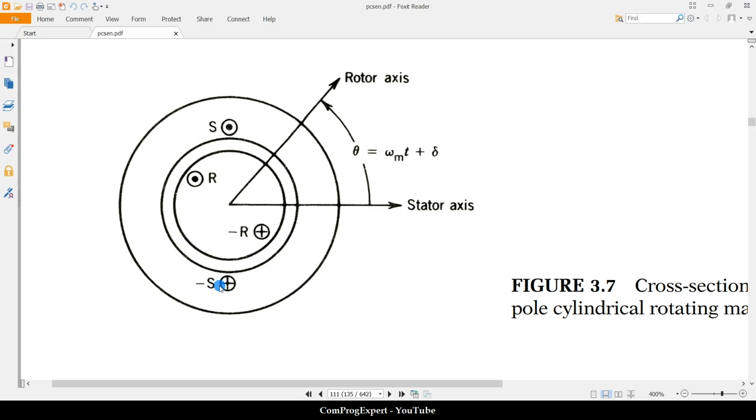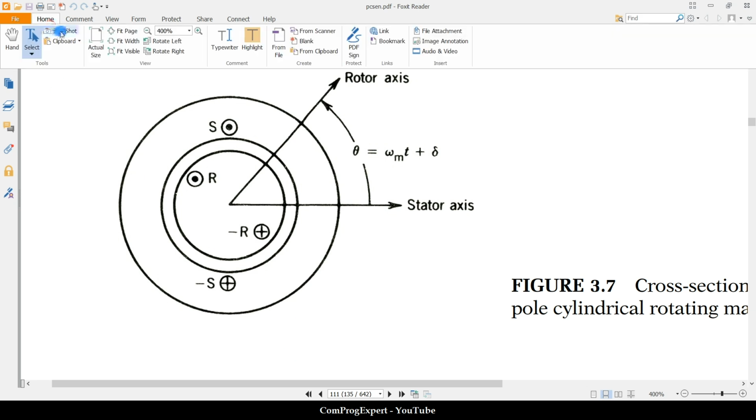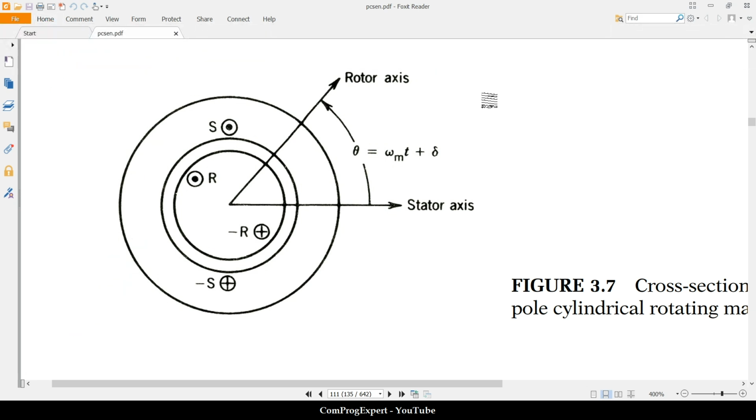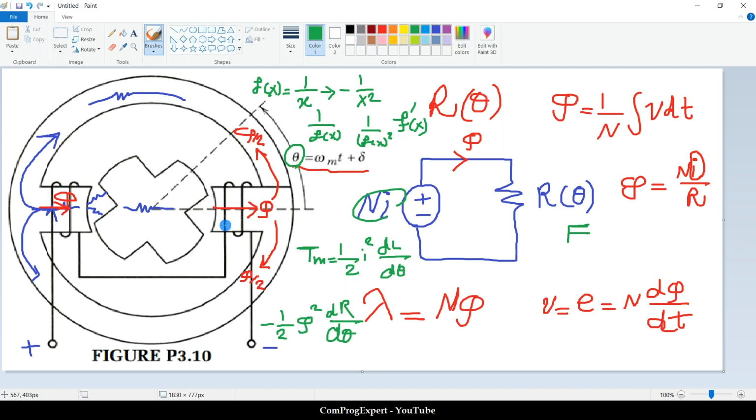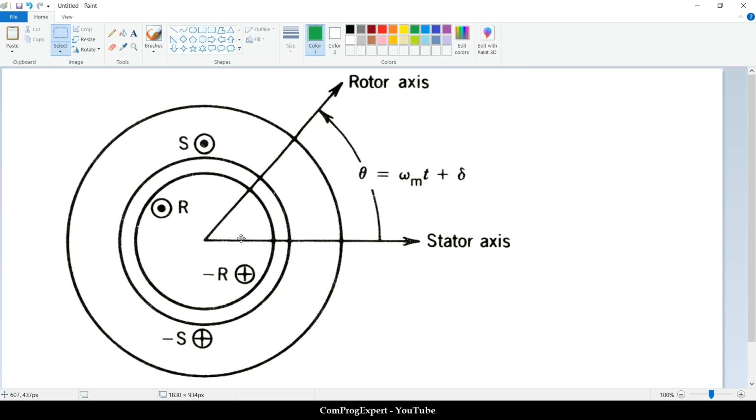Where is the magnetic axis? The stator axis is this one, because when you excite the stator coil, the direction of the stator field will be in this direction.